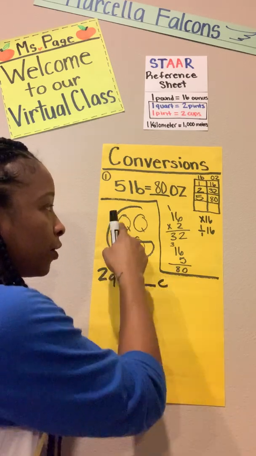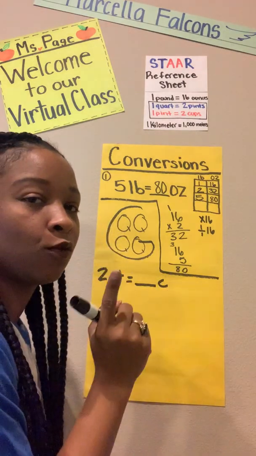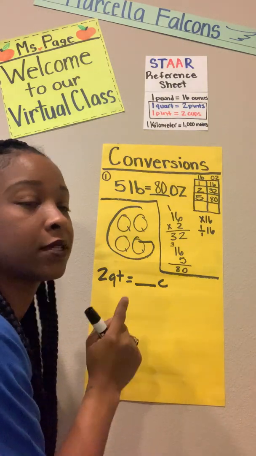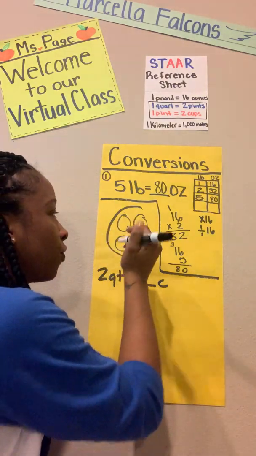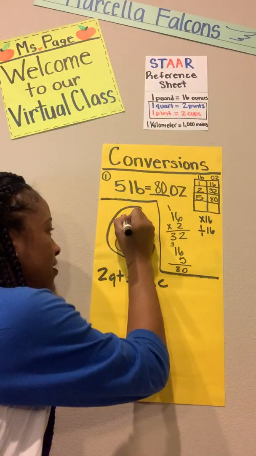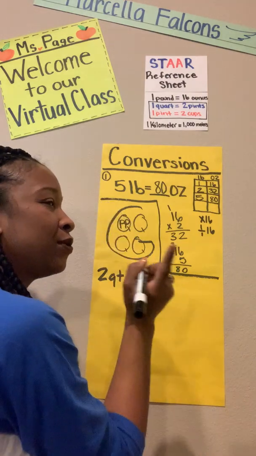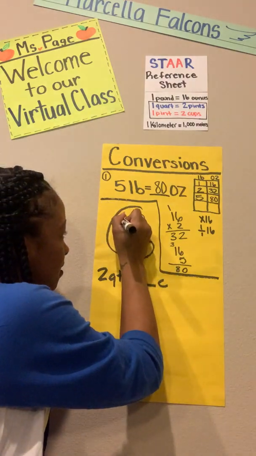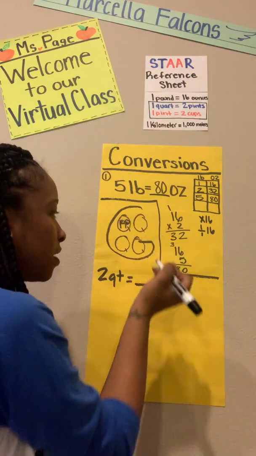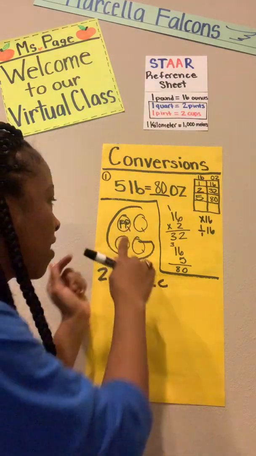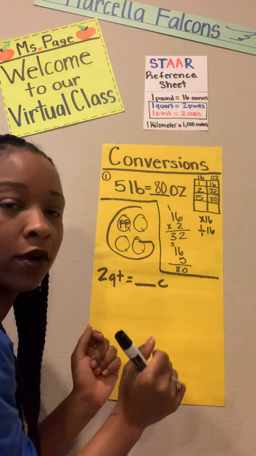I know I'm working with quarts. So if I fill in 1 quart, I should be able to figure out the relationship between quarts and cups. So 1 queen had 2 princesses, and each princess had 2 cats. The 2 cats represent the cups. So as you can see, inside 1 quart, I have 1, 2, 3, 4 cups.